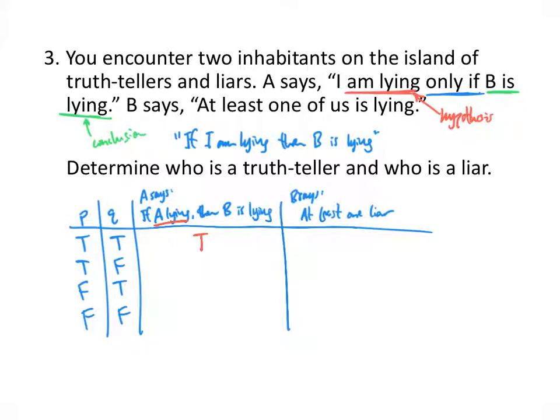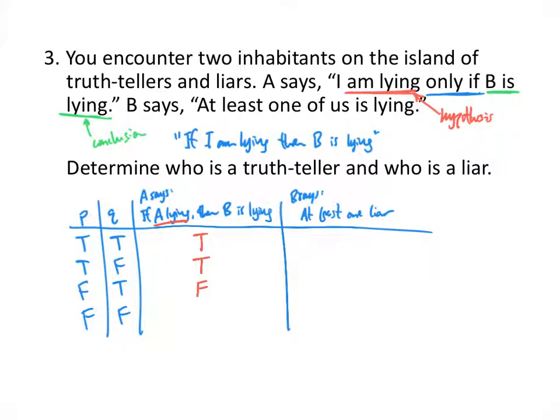And again, in the second row of our table, the hypothesis of that if-then statement is false, which makes the entire if-then statement true. For a third row of our table, the hypothesis of that statement is true, because A is a liar there. But then the conclusion, which is that B is a liar, B is a truth teller in the third row of our table, and that means that the hypothesis is true and the conclusion is false, which means my if-then statement in the third row of my table is false.